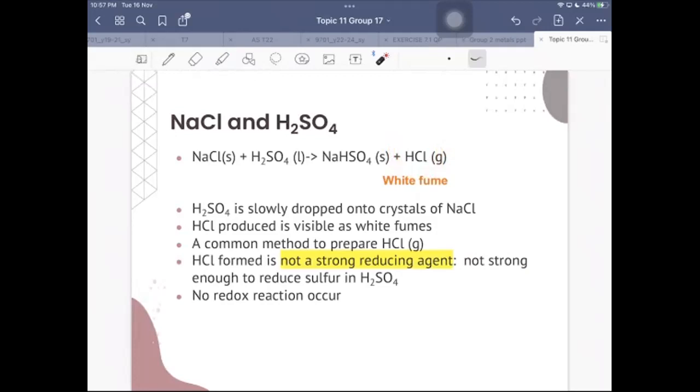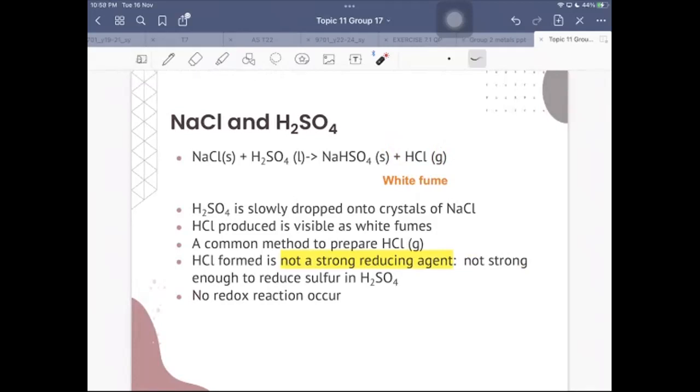It does not get oxidized further. Okay, this is not an oxidation reaction. It's not a redox basically, because the oxidation number of your chlorine stays the same. In NaCl, it's -1. In HCl, it's also -1.